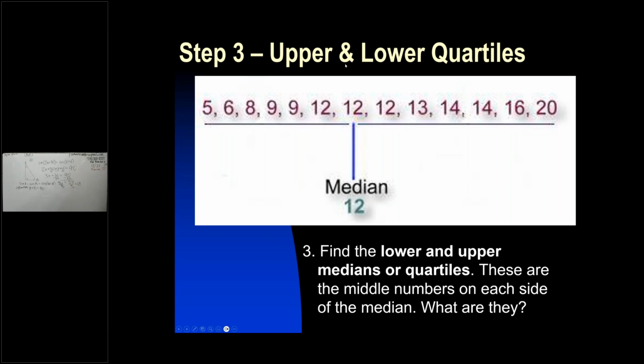Now, upper and lower quartiles. We split it into two pieces. Find the lower and upper medians, the quartiles. So look at this. All the data we split into two pieces, to the left and to the right. Now we have to find the median in this set and in this set.